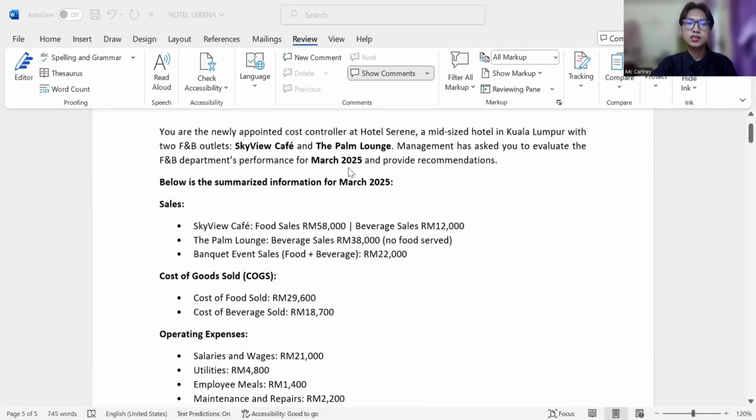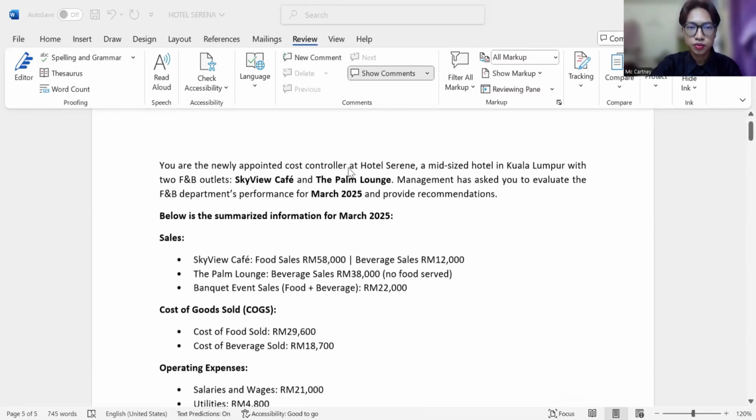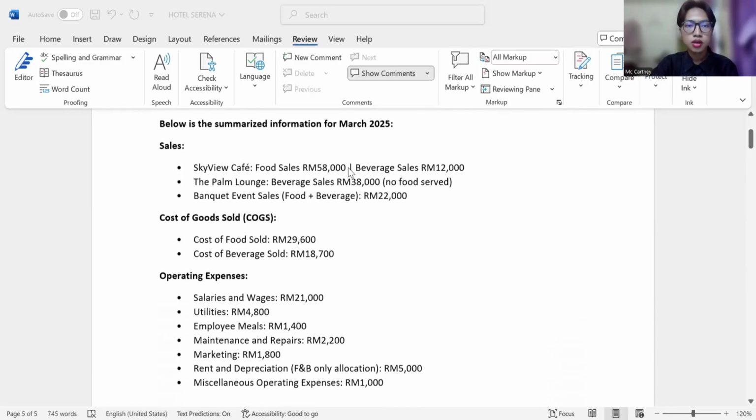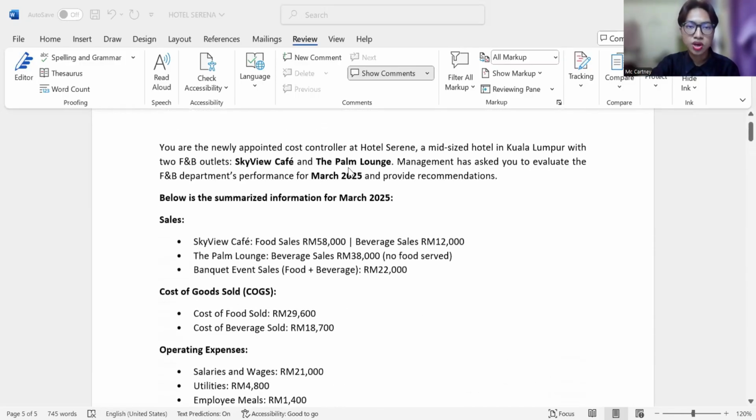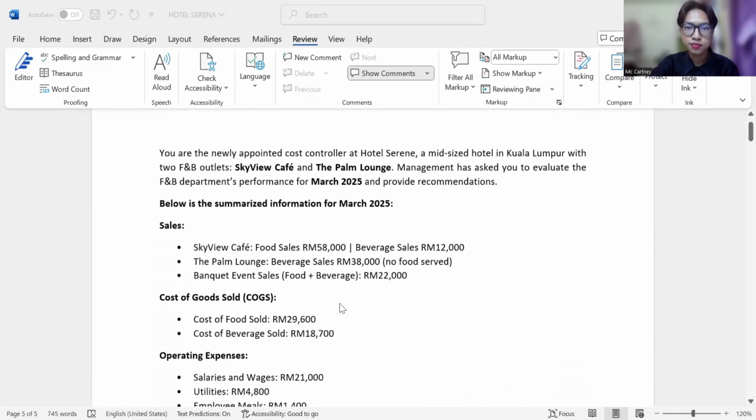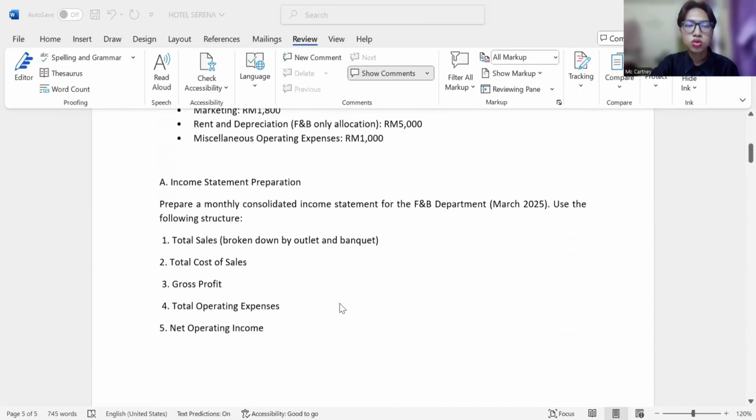In the first assignment, based on the questions given, we need to do an income statement preparation, which is to prepare a monthly consolidated income statement for the Hotel Serena F&B Department, March 2025.